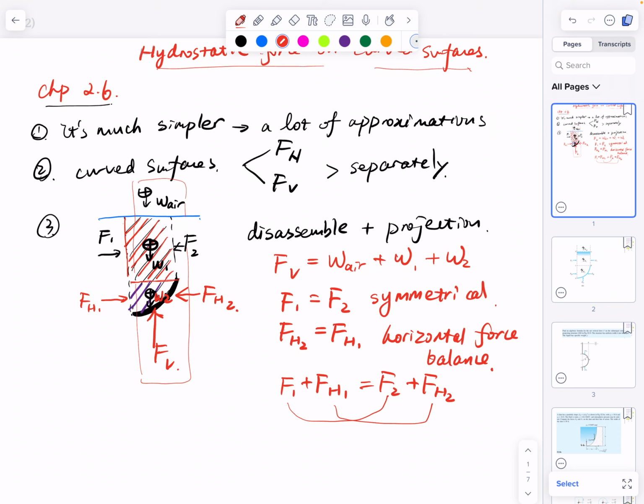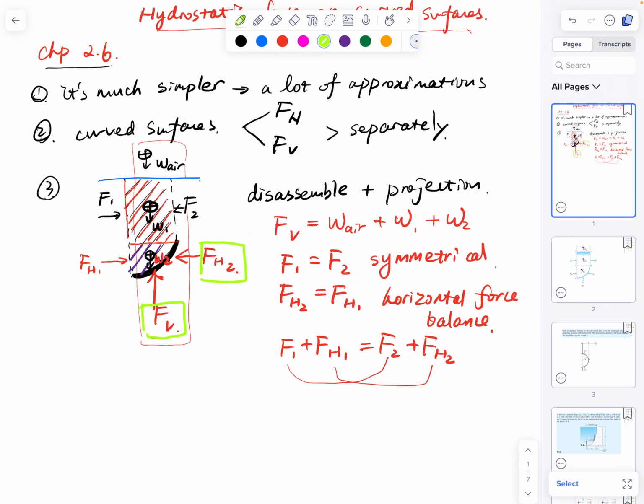Then if we go back to the question through this free body diagram analysis, what is FV, which is this one, and what is the horizontal force, which is this one, suffered by the board or exerted by the water on the board.